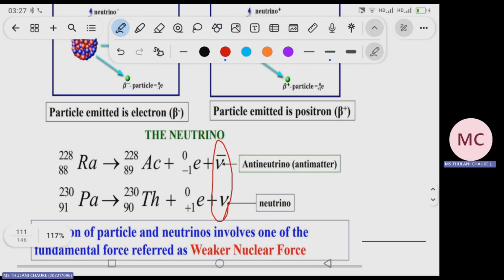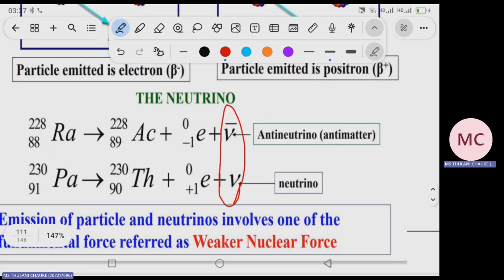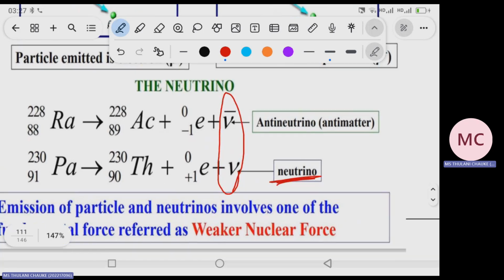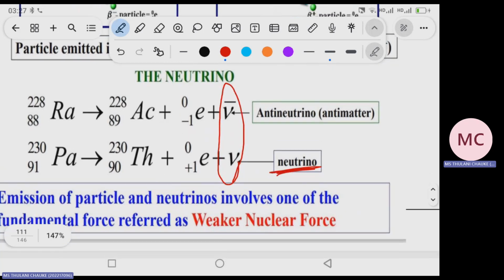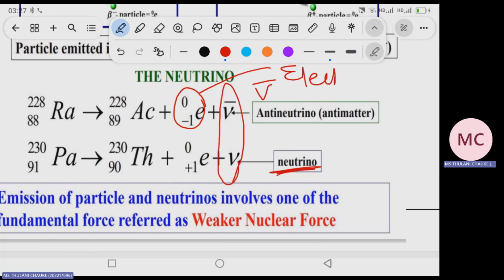The one that we're doing, we said the neutrino was being emitted, so it's just V, and an antineutrino is V bar. So this one is our electron, and this one is our positron.